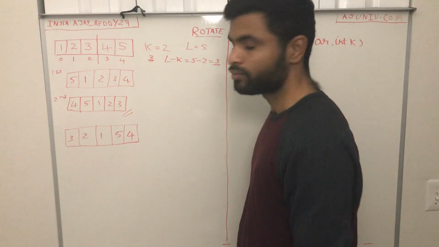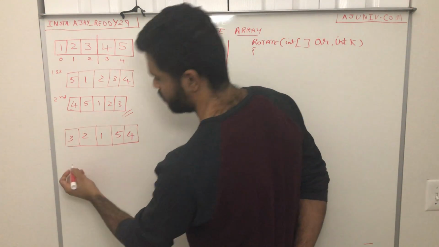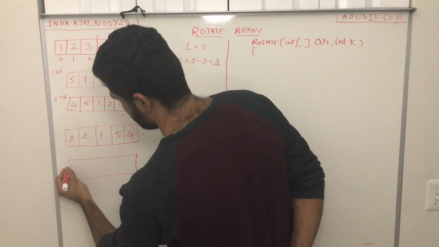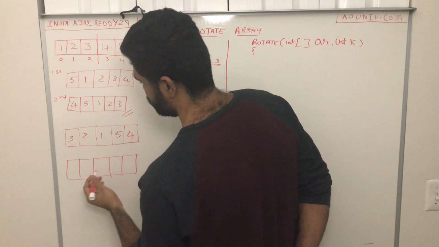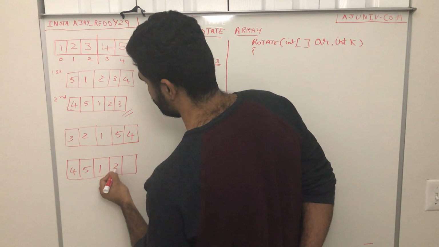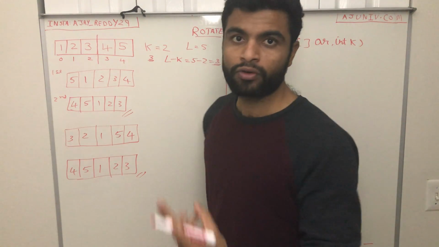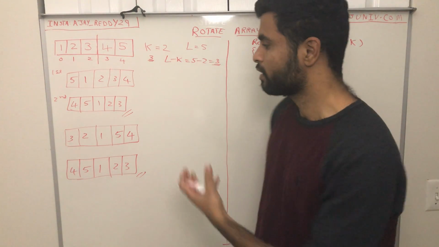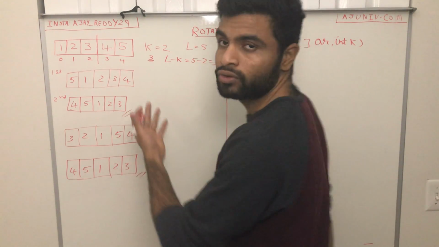Then I will reverse the complete array. That would be 4, 5, 1, 2, 3, which is equal to the output. So by performing these 3 reverse operations, I can get the output. This is how we can solve this problem.